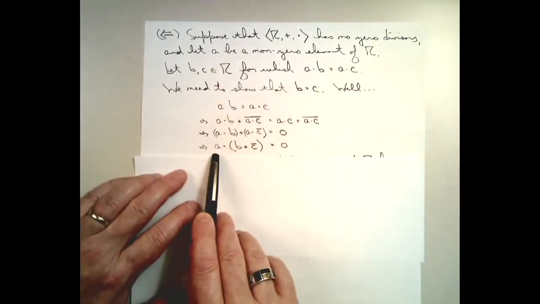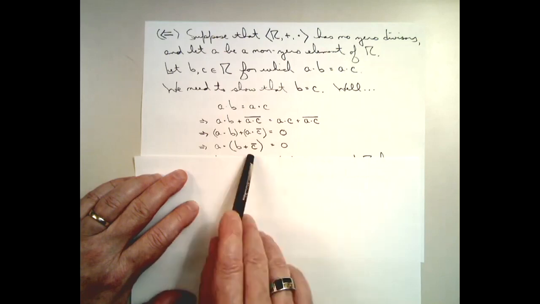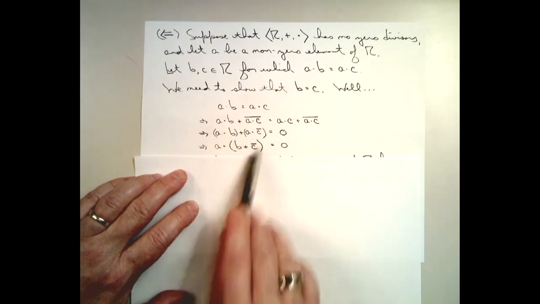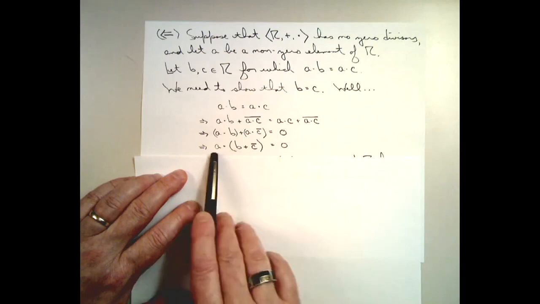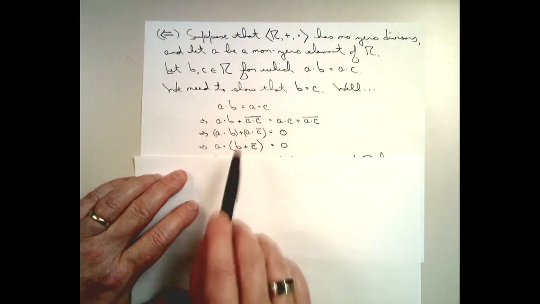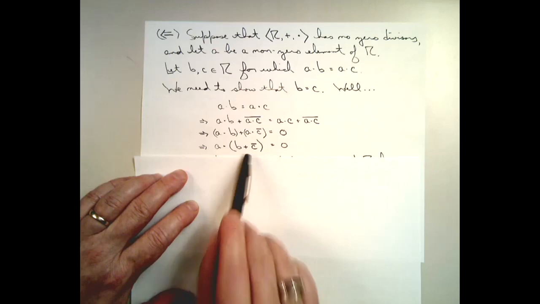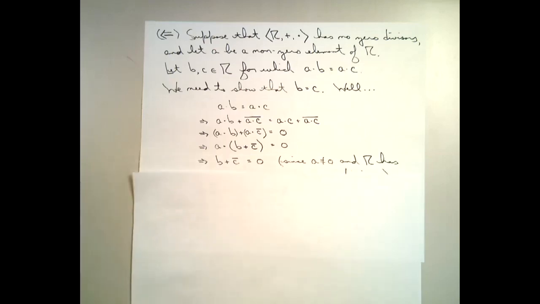And so if we have no zero divisors, since A isn't zero, B plus C inverse is going to have to be zero. If it weren't, if this were non-zero, since A is non-zero, then I would have had zero divisors. I'm assuming I don't have any. So what I've just shown is that B plus C inverse is going to have to be zero, again, since A is non-zero and R has no zero divisors.